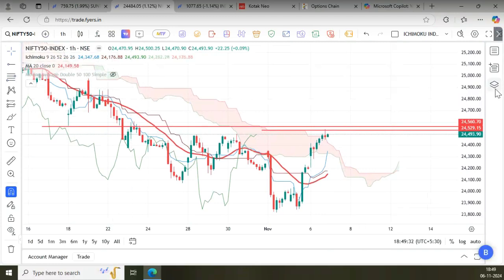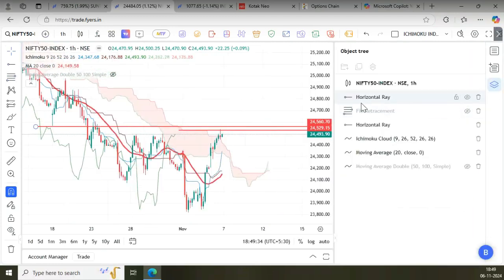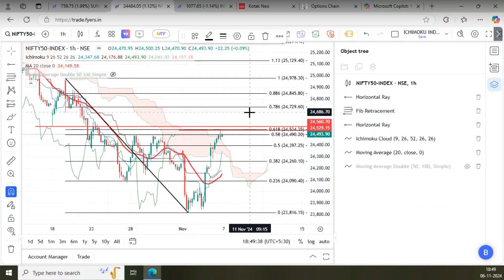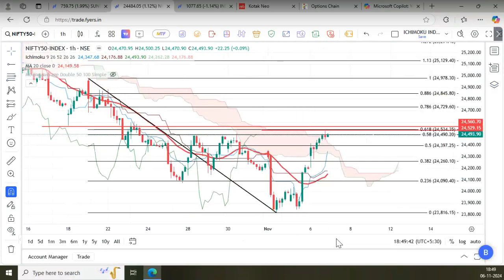Okay, now this is going to be a critical number that we need to cross. And now let's get back our Fibo. That's the Fibo. Now if you look at the holistic approach, right, it is very clear that we need a gap up above 24,561 tomorrow. Otherwise, even if we come down or maybe open flat, we need to cross 24,561.